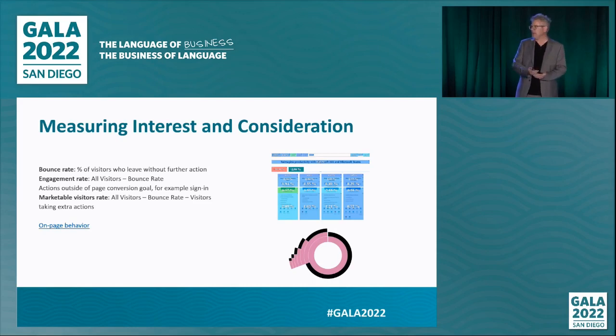So obviously, the engagement rate, that's the opposite. You basically take out the bounce rate from all visitors. And that really tells you how engaging a page is. Are those pages something that appeal to people? And that's already one area where you can really look at the success of your transcreation work, for example.